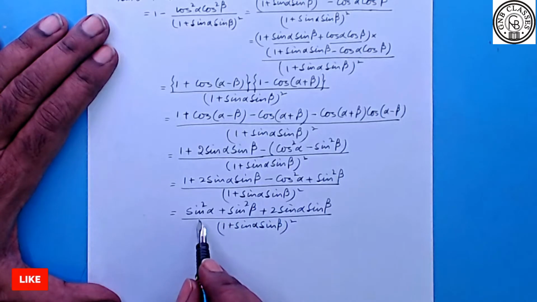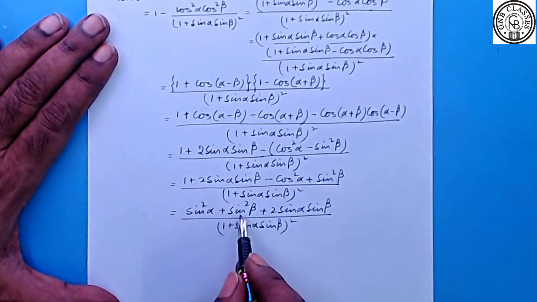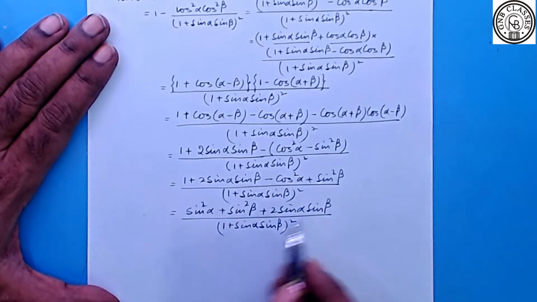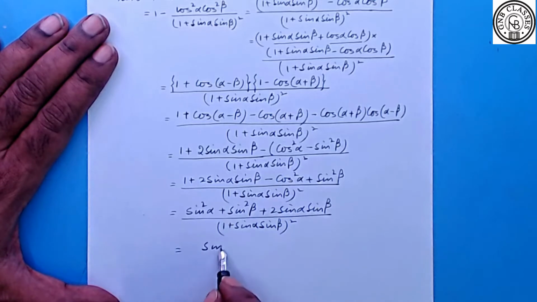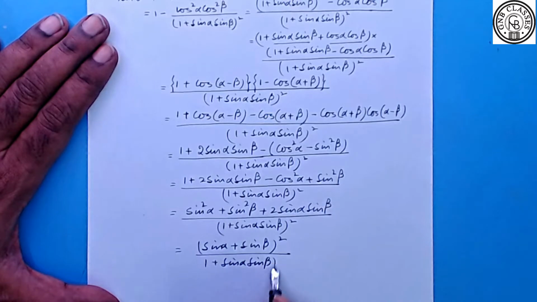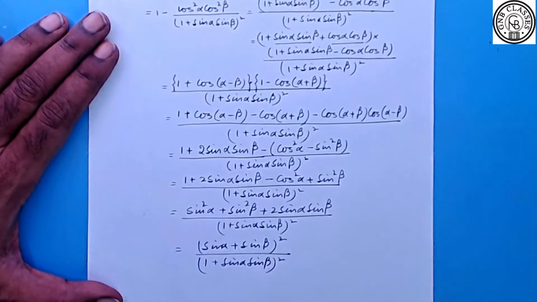Okay, now in the numerator we are having sin square alpha plus sin square beta plus 2 sin alpha sin beta, which is nothing but (sin alpha plus sin beta) whole square, divided by (1 plus sin alpha sin beta) whole square.